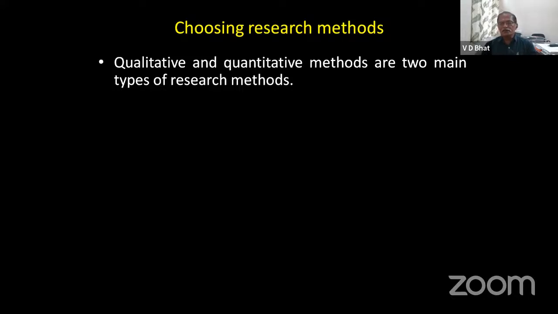Choosing research methods. Many a time, a researcher begins by saying, I'm going to do an experiment. My study will be an experimental study. Or I'm going to do a survey. Why? Because survey is easier. I can develop some tool, use that tool, go to the field and do the survey. Survey becomes easier for me.